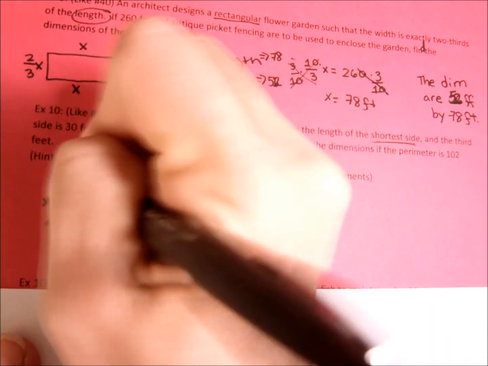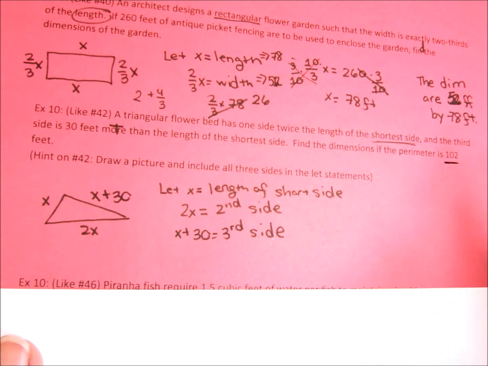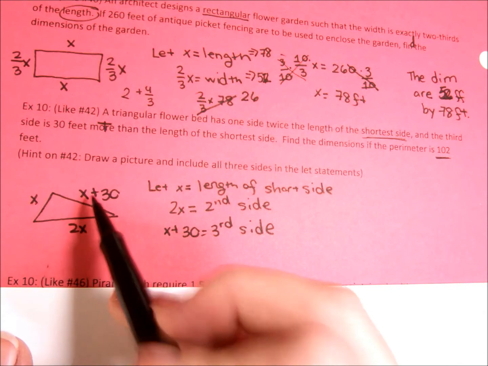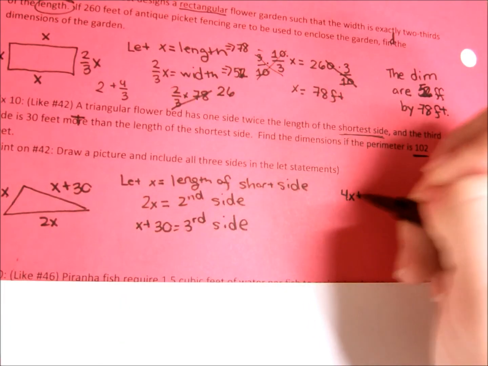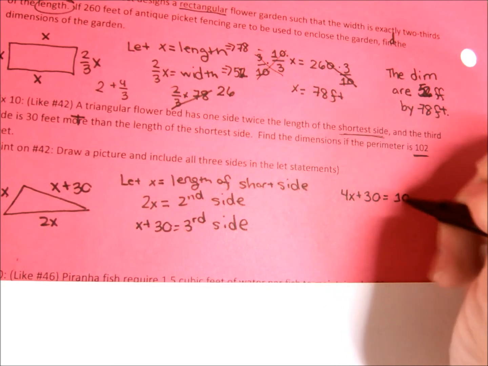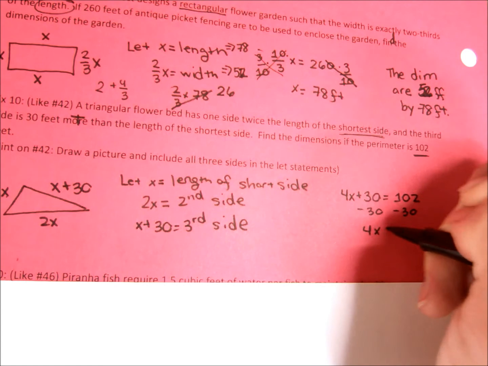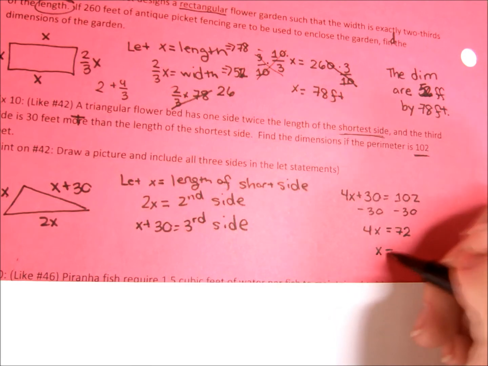Okay, and we know that the perimeter is 102. So here we go. 1x plus 1x plus 2x is how many x's? I'm going to subtract over 30. We're down to 72. And we divide by 4 and we're down to 18.